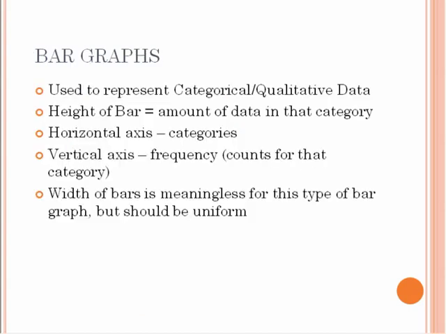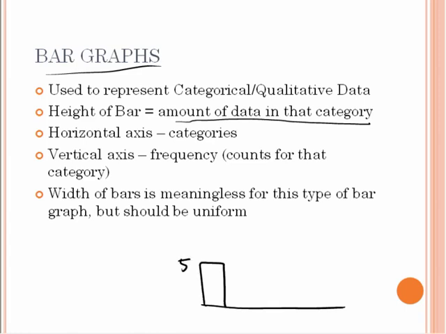Bar graphs are used to represent categorical or qualitative data. Also, you can use what's called a histogram for quantitative data. The height of the bar is going to represent the amount of data in that category. So if you have a bar that's height 5, in this case it means there were 5 data points or 5 people or 5 whatever that satisfied that category.